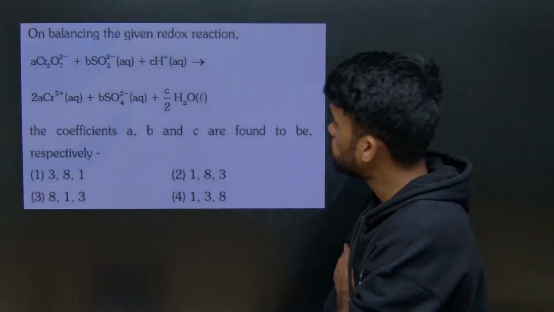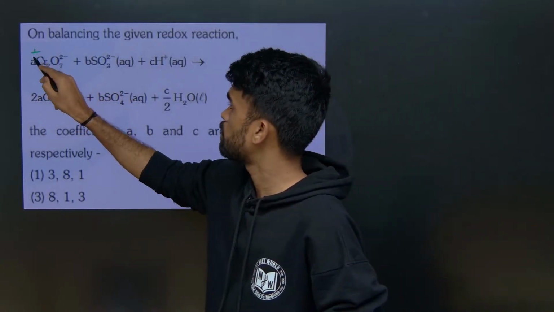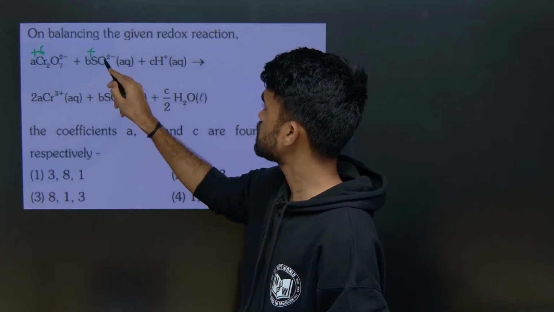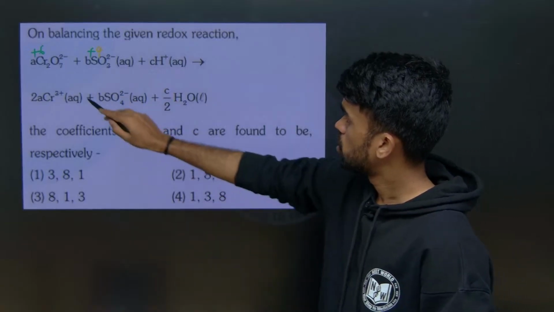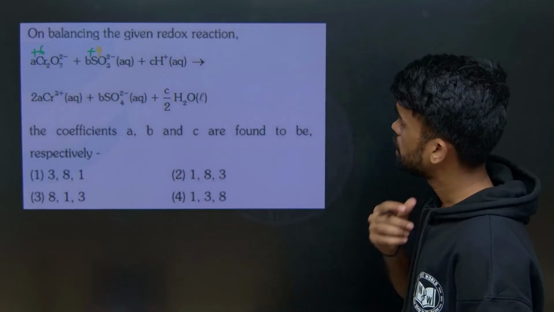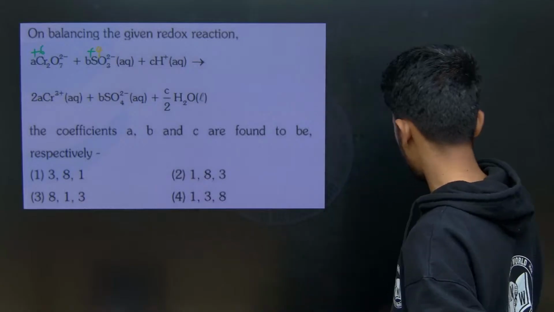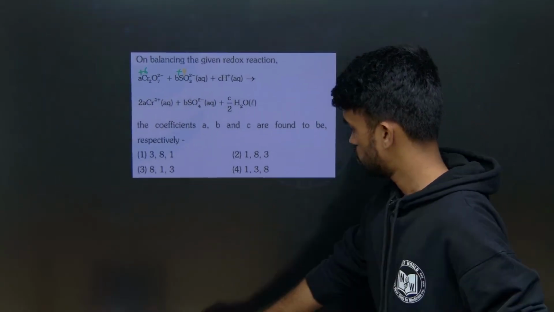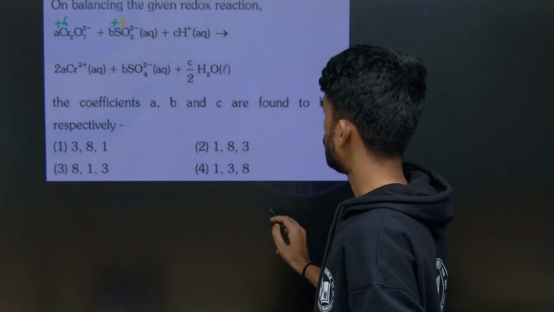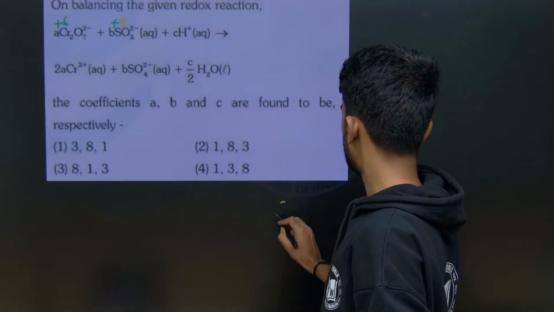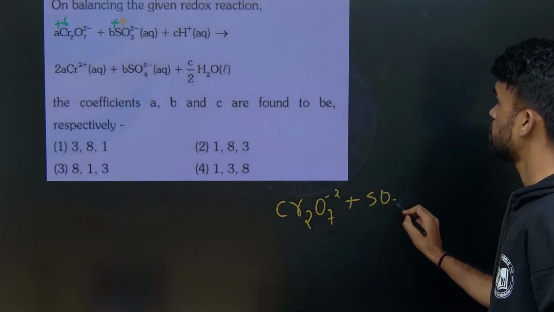The next, will you try to balance this reaction? First of all, find the oxidation state. Here it is +6, here +2, +4. Now write the balanced equation for this. How can we do? +6, +4, done. Then we can take 1 mole of chromium. So let us try here. 1 mole of chromium we can take. SO3 2 minus.